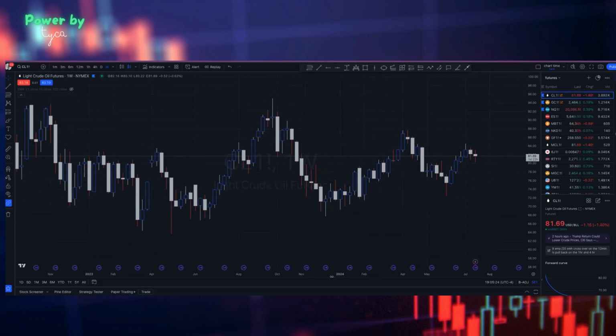The difference between commodities and indices like the NASDAQ 100 and the S&P 500: commodities are not dictated by companies publicly traded on the stock exchange, right? They're dictated by the demand of the product. So crude oil is a demand product worldwide.